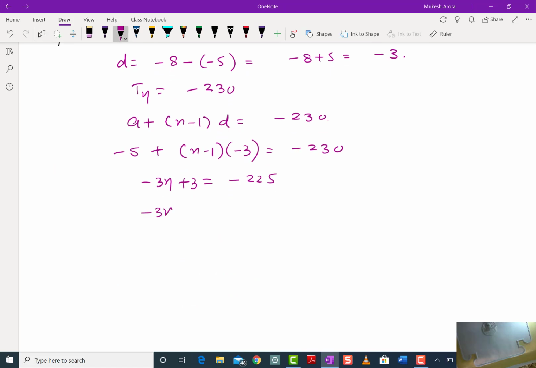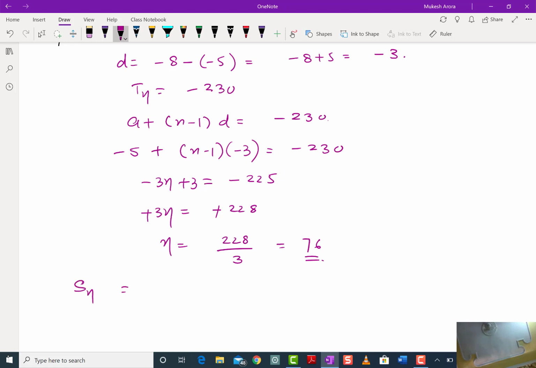So minus 3n is equal to minus 228. N is equal to 228 by 3. 3 sevens are 21, 3 sixes are 18, so 76.